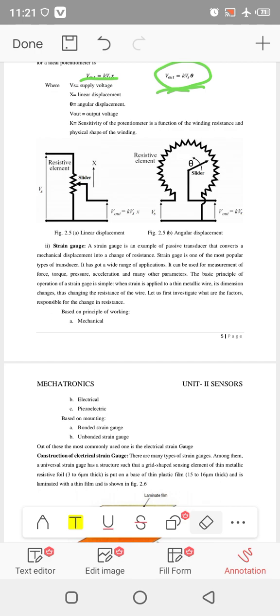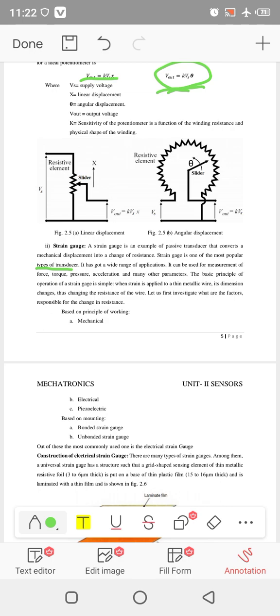The strain gauge is one of the most popular types of transducers. It has a wide range of applications. It is used to measure force, torque, pressure, acceleration, and many other parameters. The basic principle of operation of a strain gauge is simple.